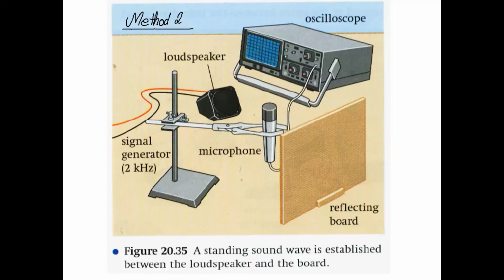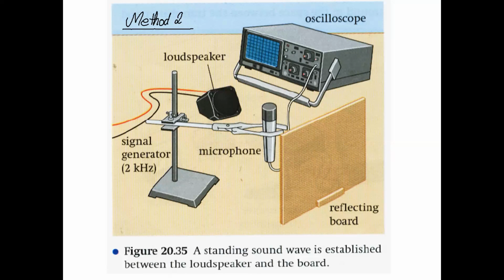This is the real apparatus, and you can see a loudspeaker and a very well-known device, the oscilloscope. Oscilloscope is actually CRO, cathode ray oscilloscope. Sound waves are produced by the loudspeaker.